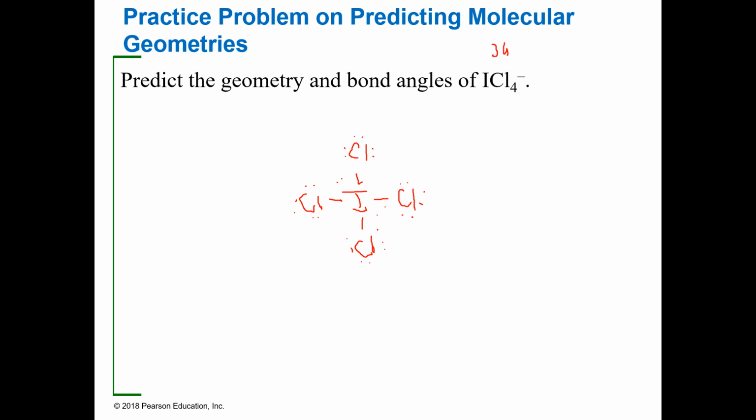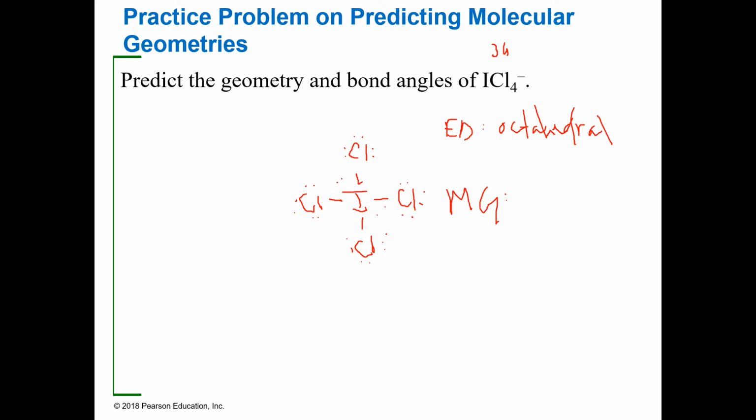Okay, so how many electron groups do we have around the central atom? We have 1, 2, 3, 4, 5, 6. So 6 electron groups gives an electron domain geometry of octahedral. But the molecular geometry is going to be different because I have lone pairs. So the molecular geometry is going to be based off of 4 bonding pairs and 2 non-bonding.